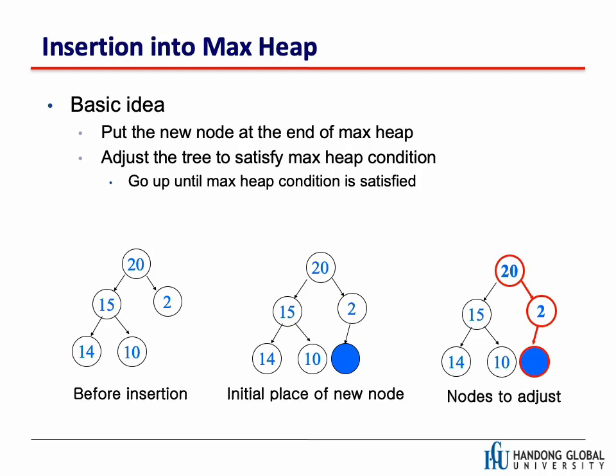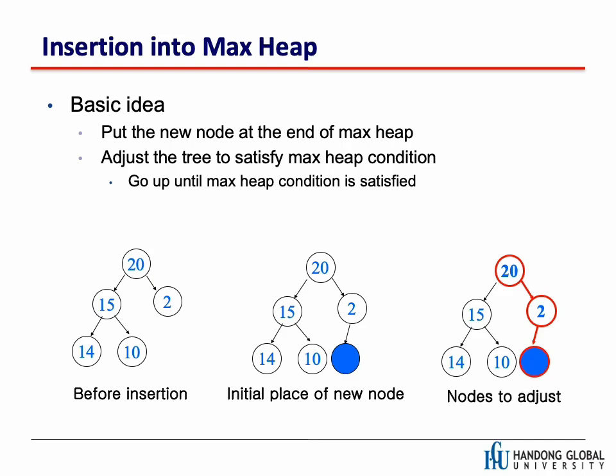Then the second step says adjust the tree to satisfy max heap conditions. And how? Basically, go up until the max heap condition is satisfied. What does that mean? Let's assume that we are adding a node with 5. We put node 5 here in the blue node, and then we have to check the ancestors.